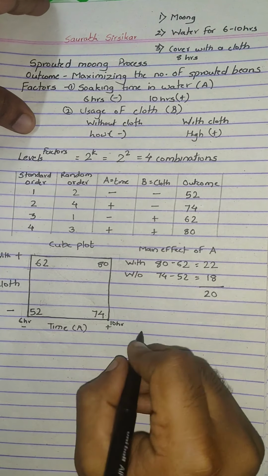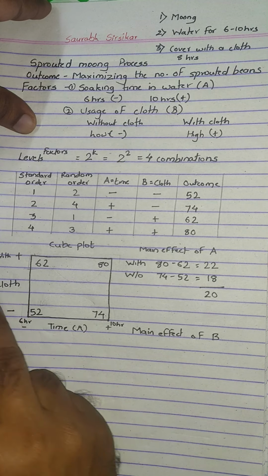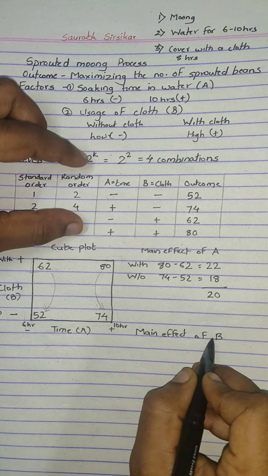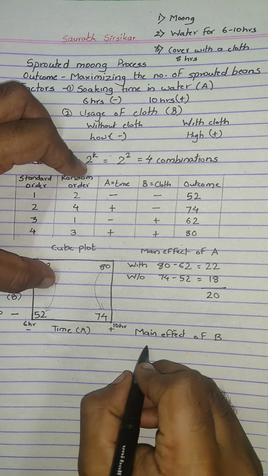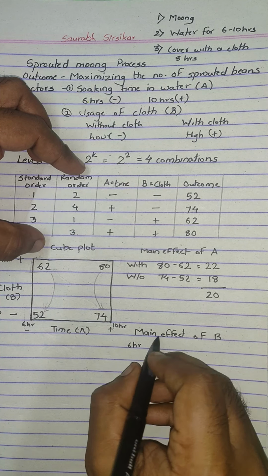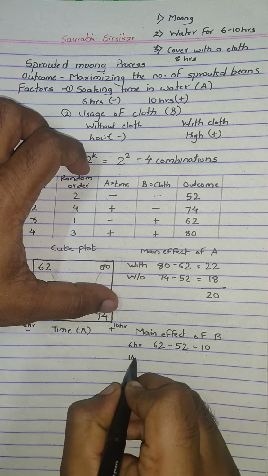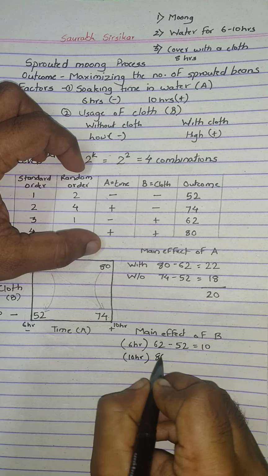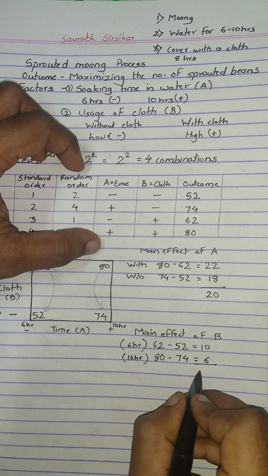Similarly, let's see the main effect of B, that is cloth. Studying the main effect of B, we focus on 62 minus 52 at 6 hours soaking time, higher level minus lower level, and at 10 hours soaking time, 80 minus 74. So always higher minus lower: 10 and 6, so the average is 8.